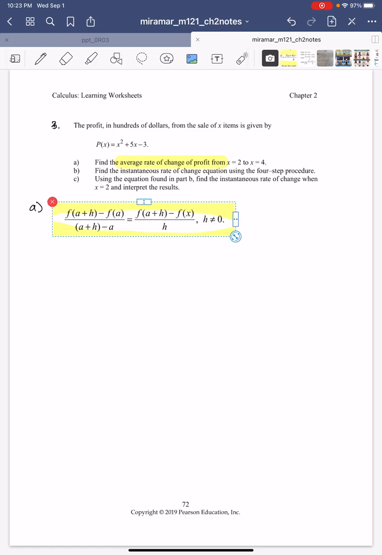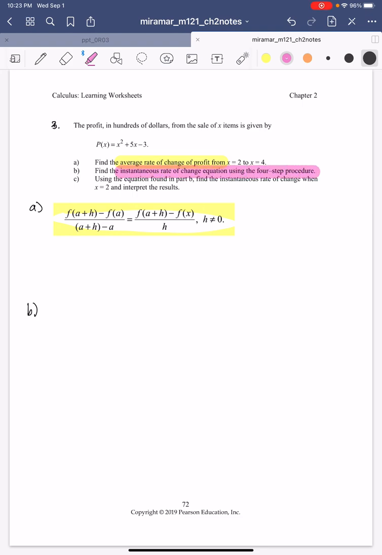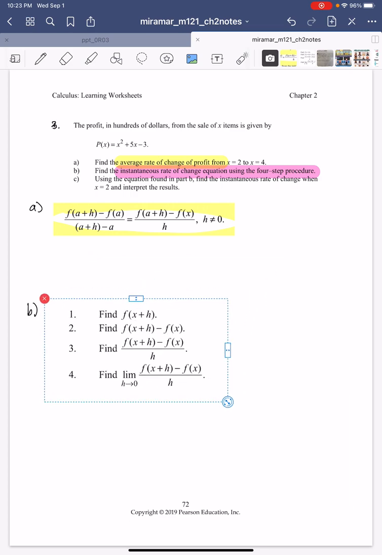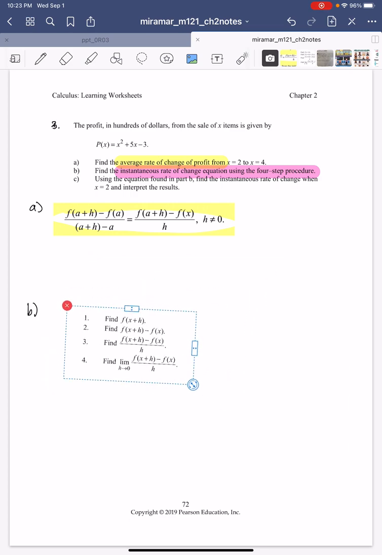So that's part A. What is part B? Part B is asking you to find the instantaneous rate of change, right? You see the instantaneous rate of change using the 4-step procedure. So this will be the one that we just practiced.